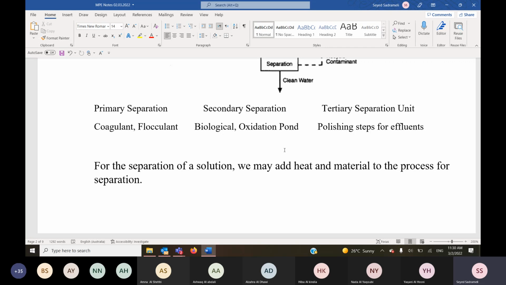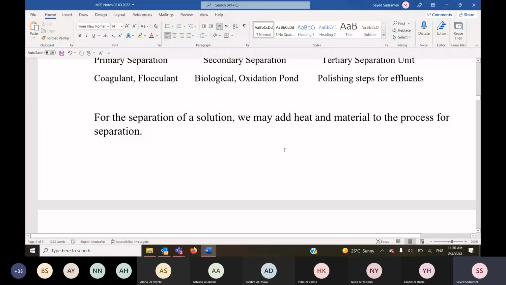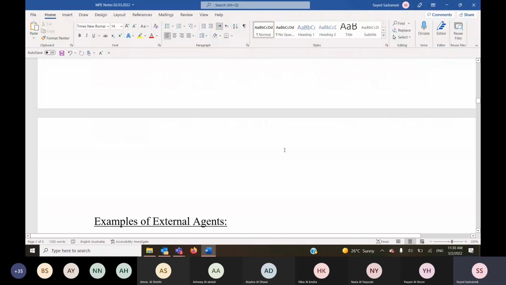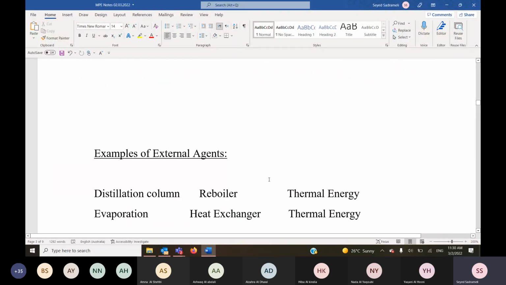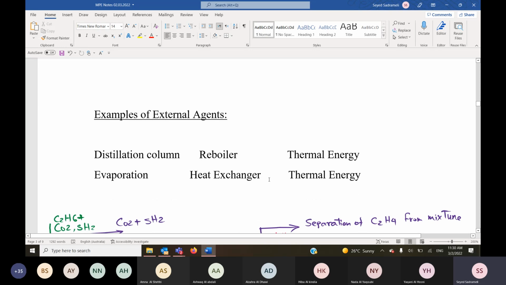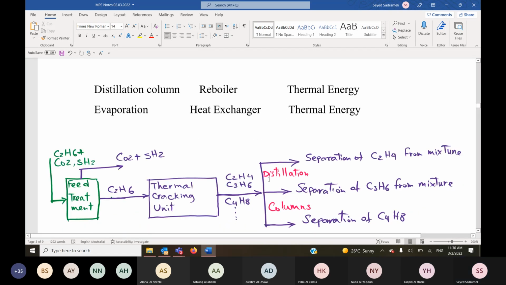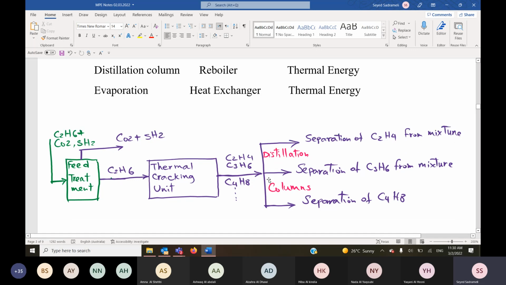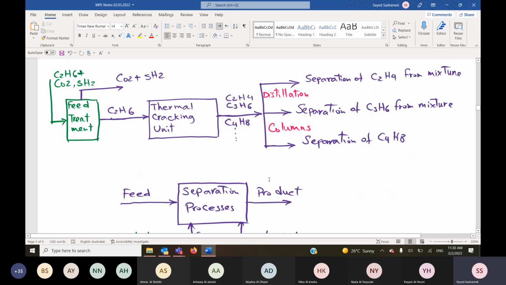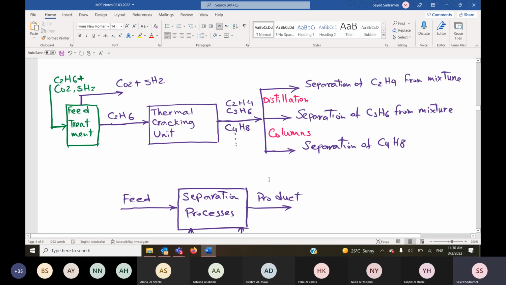For the separation of a solution, we may add heat and material to the process as an external agent. These are examples of external agents. For a distillation column, in the reboiler we use thermal energy. For evaporation, we also use a heat exchanger and thermal energy to evaporate the liquid. This is one of the examples of upstream separation.